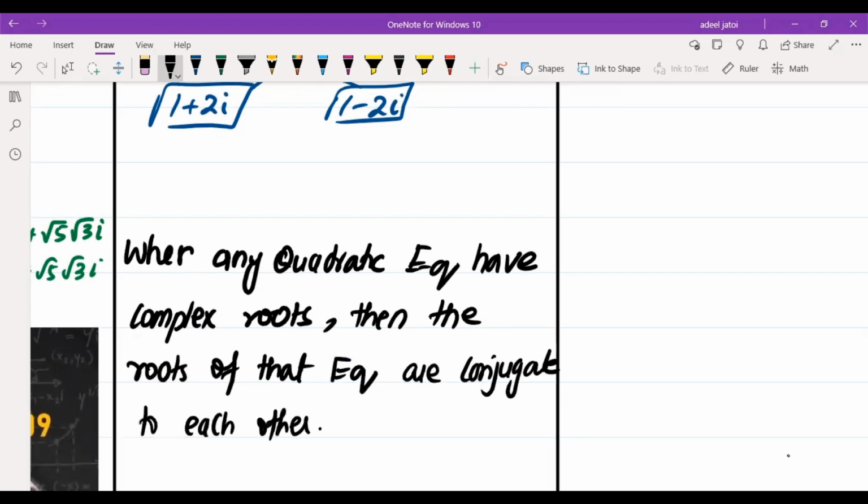Now, what does conjugate mean? Conjugate means that if we have 1 plus 2 iota, then the other root will be 1 minus 2 iota.